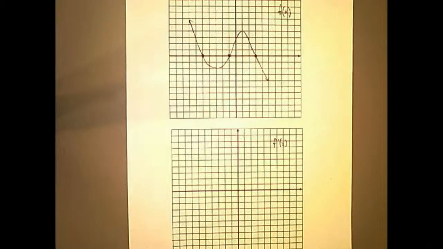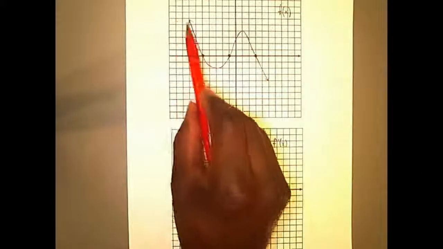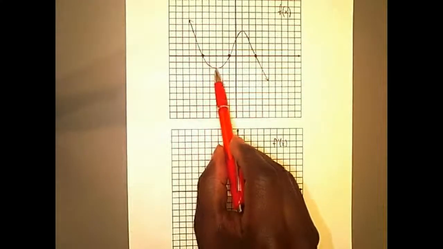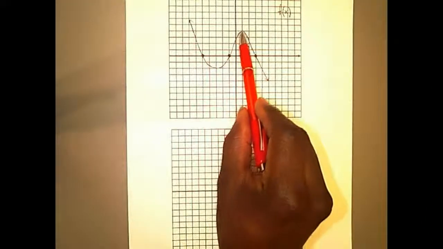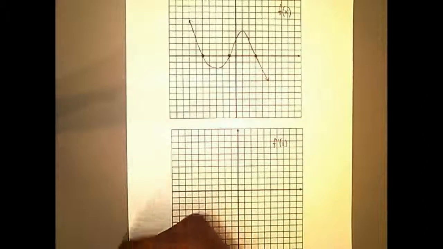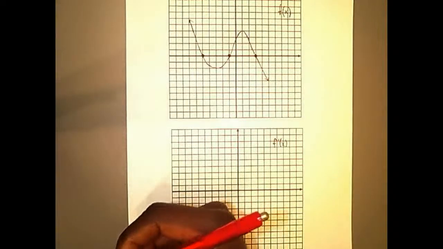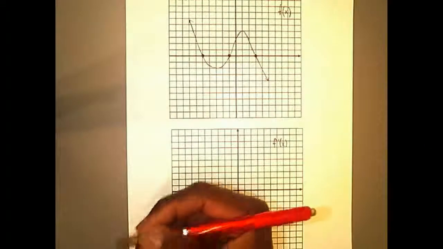So we're going to start off by looking at our graph and noticing that it starts off decreasing, and then it gets to this point here, then it starts to increase, and then it comes here and starts to decrease again. Whenever we are taking the derivative of a function, we're trying to track the slopes of the tangent lines.